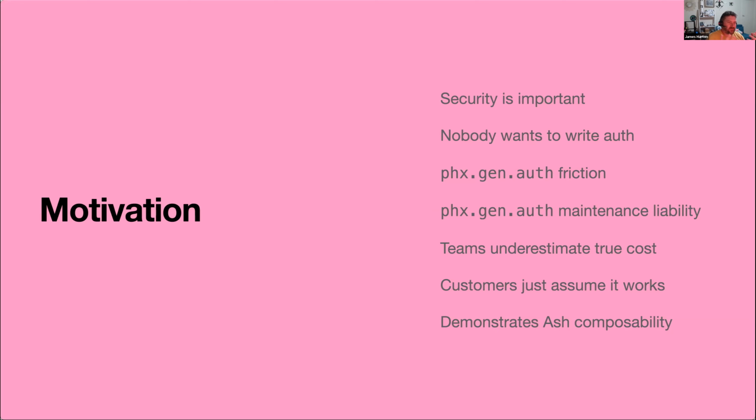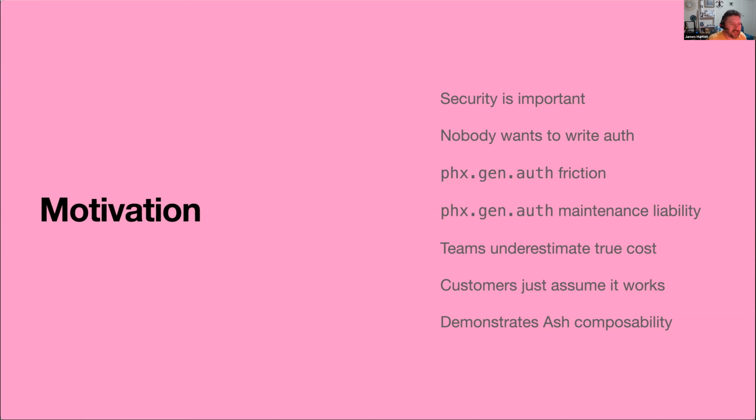And there's just a bunch of friction there, because although you can do it, you've now got some generated code, you've got some code you've converted to work with Ash, and you've drifted a long way from Phoenix GenAuth.